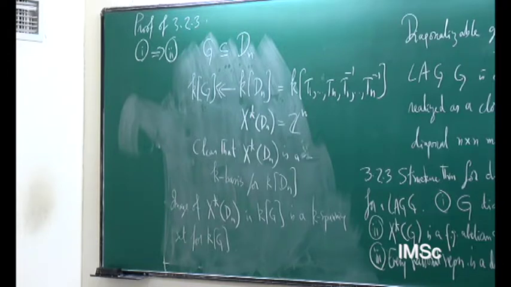Right. All I am saying is you have a basis here, look at its image in an onto map, that is a K spanning set.